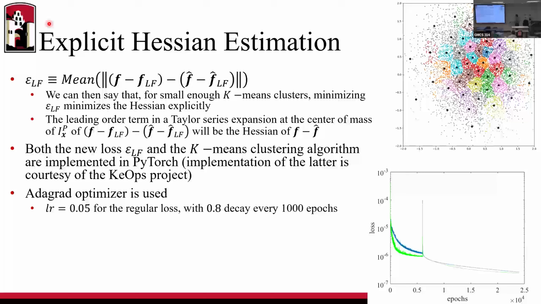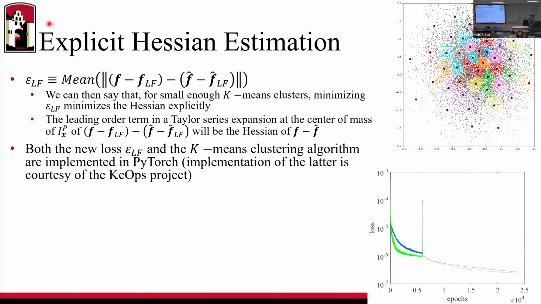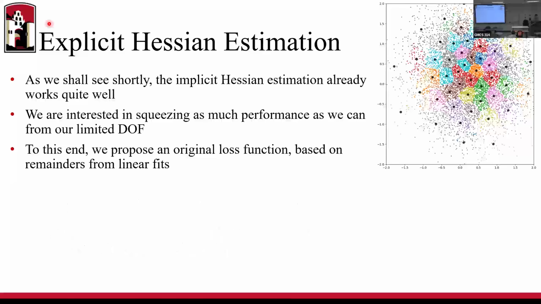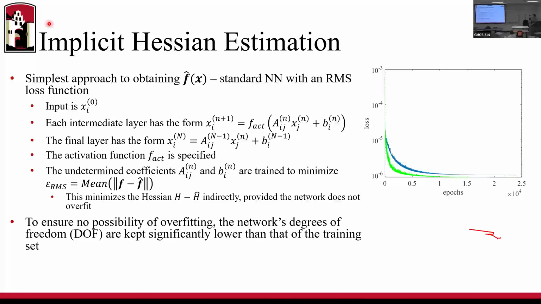So every 1,000 epochs, we are decreasing the learning rate by 20%, and we can actually see that here when we have the loss for the RMS loss, because this oscillation is basically due to an excessive learning rate. So as we decrease the learning rate, these oscillations decrease, and we get attracted to a local minimum.